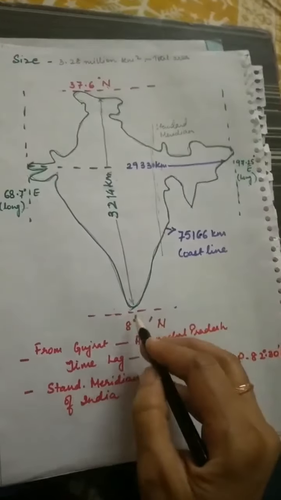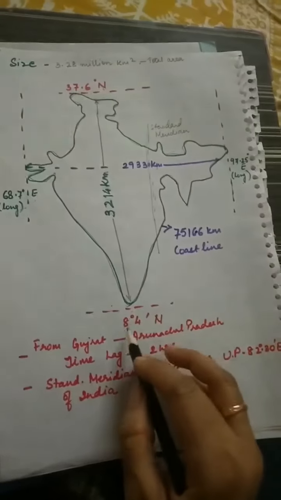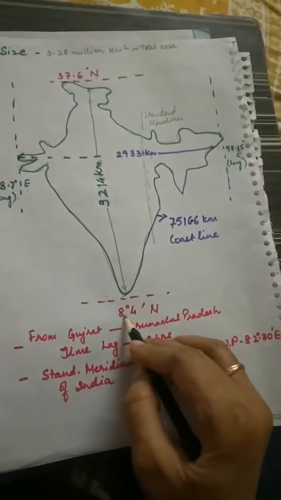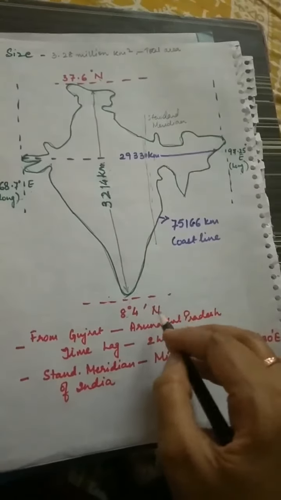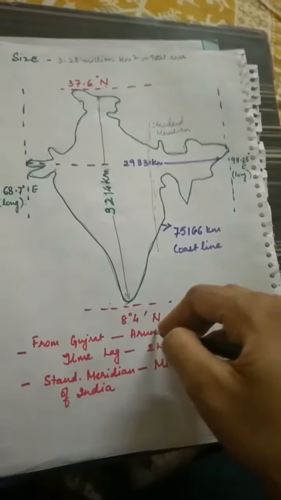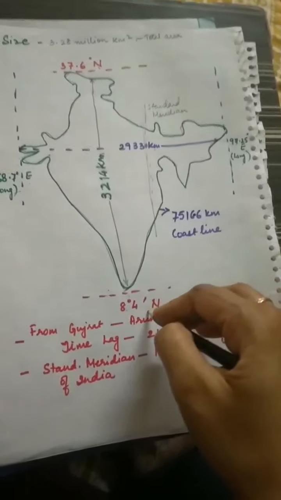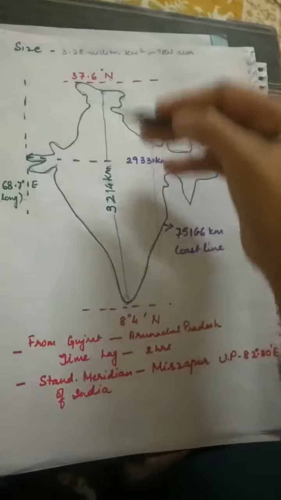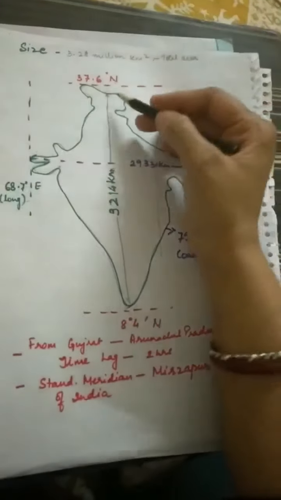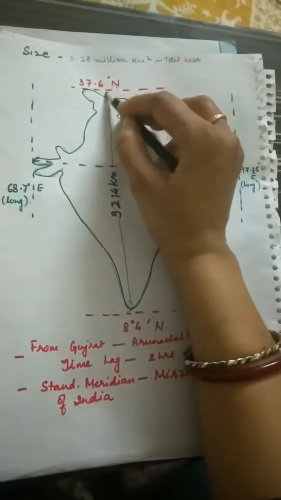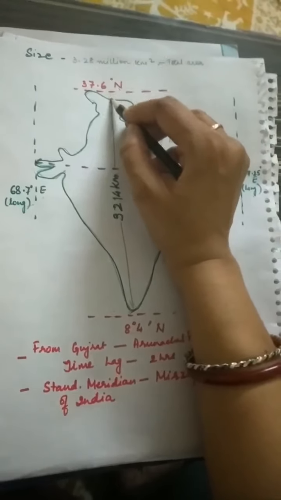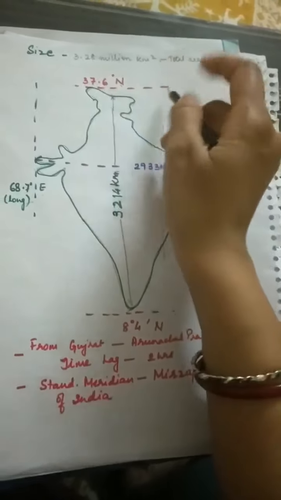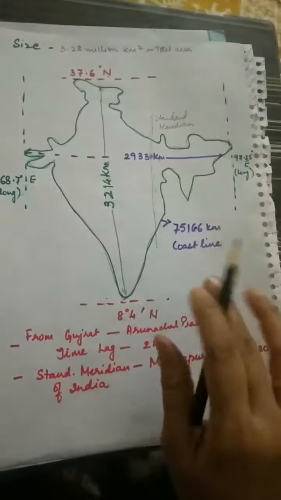Down in the south, we have a latitude of 8 degrees 4 minutes, that is 8.4 degrees north, since India is in the northern hemisphere. And towards the northern side, towards Kashmir, it is 37.6 degrees north. So this is the size of India.